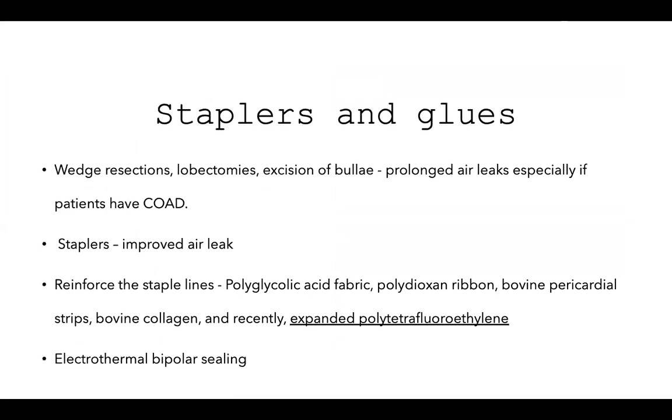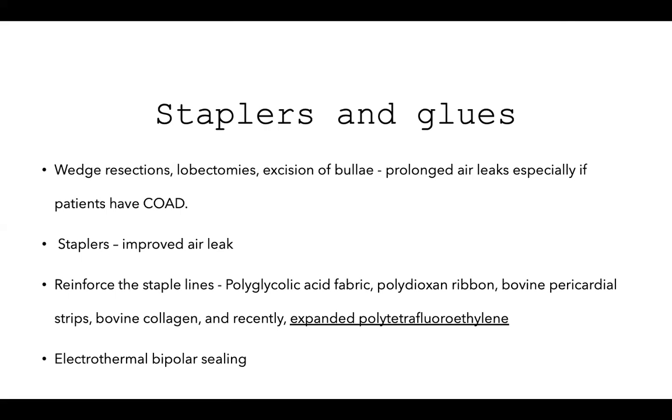Now, when you look at the way to close the suture lines, there are staplers and glues. Mostly, whenever we are doing a wedge resection, lobectomy, or excision of bullae, there is a risk of prolonged air leak, especially in patients with COAD. So, if we use a stapler in this subgroup of patients, there is a lesser chance of air leak.